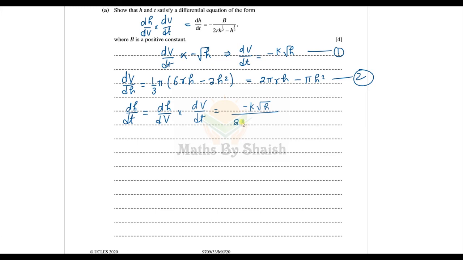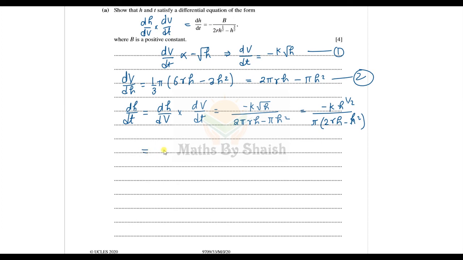So 1 over 2 pi r h minus pi h square. I can take pi common from the denominator, and I'll write root h as h raised to the power 1 by 2 because I need to prove it in this form. I can see that h is in the denominator only, so I'll take everything in the denominator. I'll take pi common, that is 2rh minus h square.